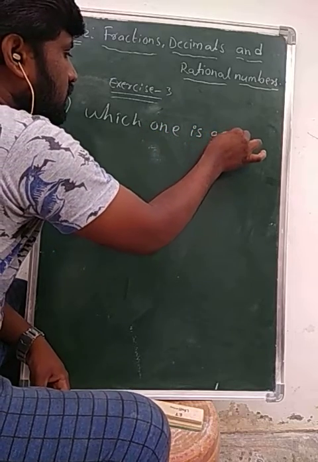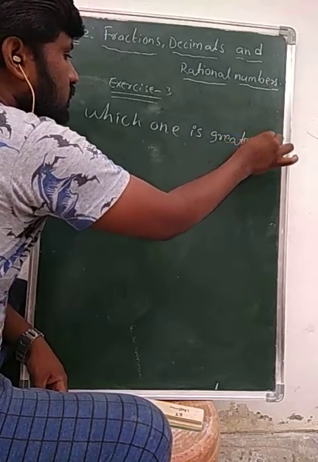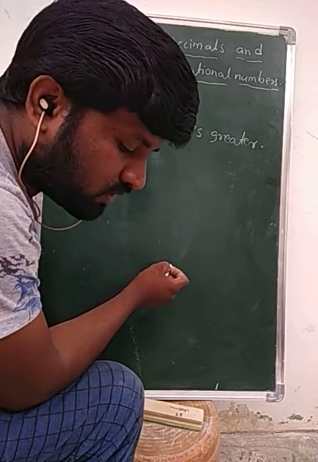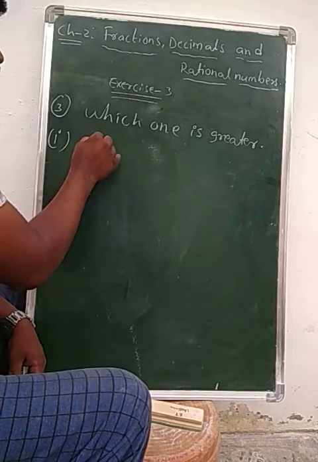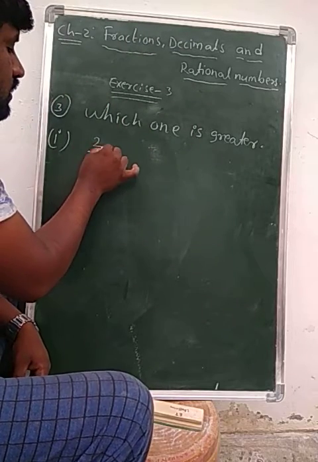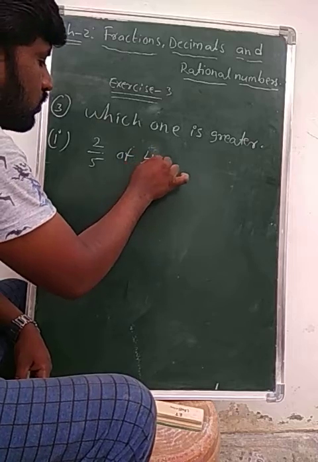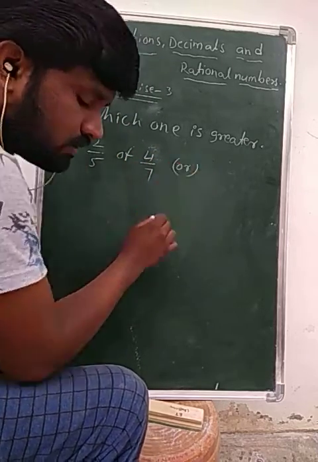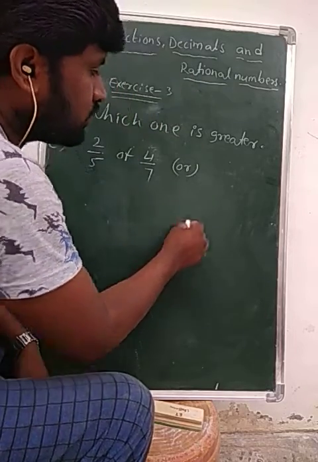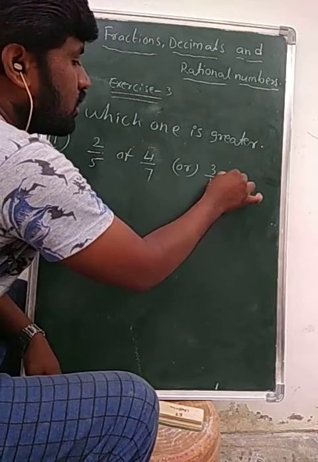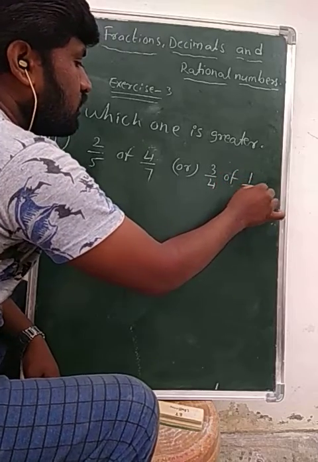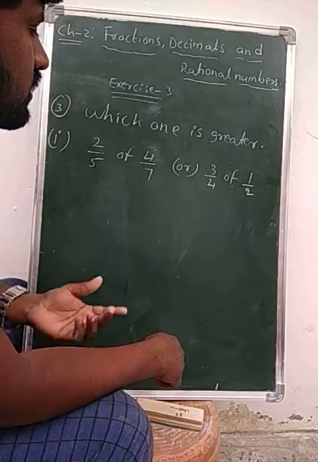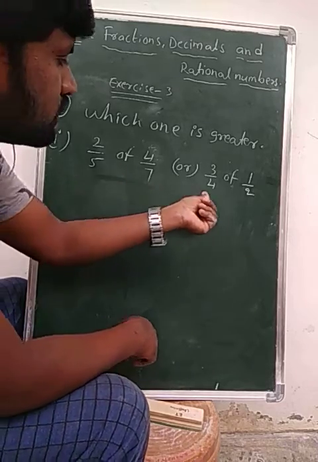In that, the first is 2 by 5 of 4 by 7, or 3 by 4 of 1 by 2. So this is the question: which one is greater, this one or this one?